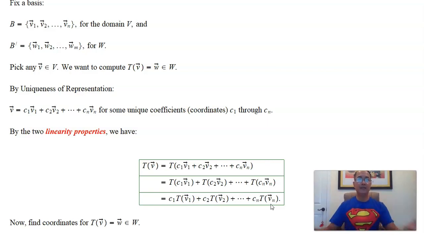Next, we said that finding the coordinates with respect to a fixed basis is a linear transformation. So if I take the coordinates of T of V with respect to, which basis? Well, T of V is from W. So we will take the coordinates of T of V with respect to B prime.